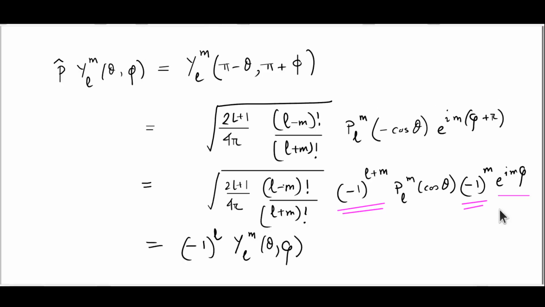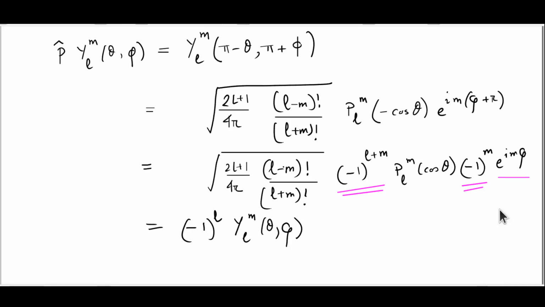Let me now talk about one more property of the spherical harmonics, and this is the connection between Y_lm and Y_l minus m. Note that Y_lm is defined using P_lm(cos theta), and we already know that the associated Legendre functions for minus m and plus m are connected to each other. So we can actually use that to see that Y_lm and Y_l minus m are connected to each other in a rather simple fashion.